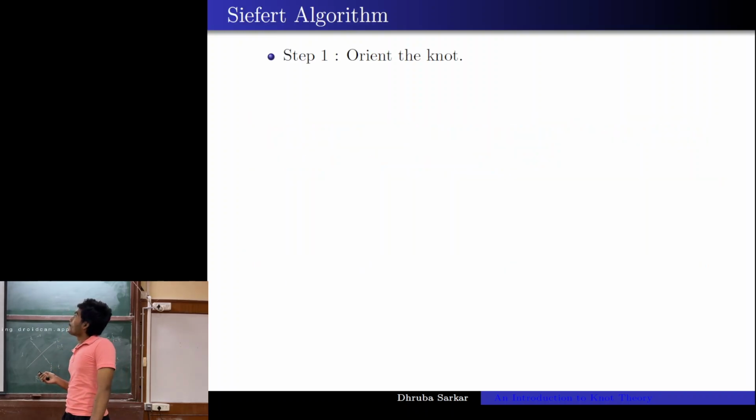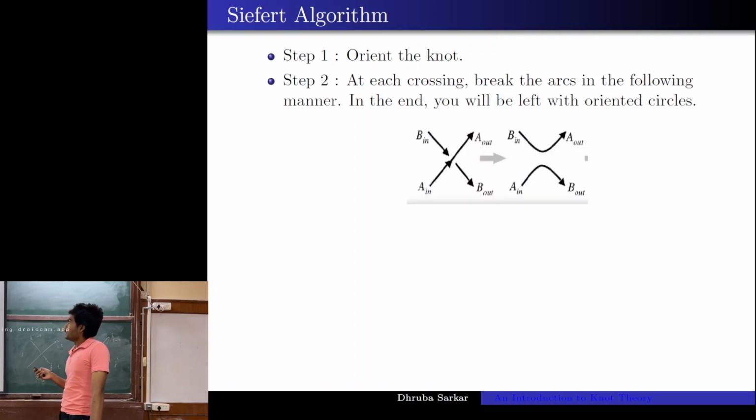So step one, you orient the knot. And in the next step, what you do is you break at each crossing, something like this, let's say, you sort of break it into something like this.